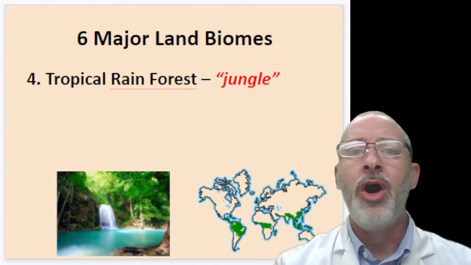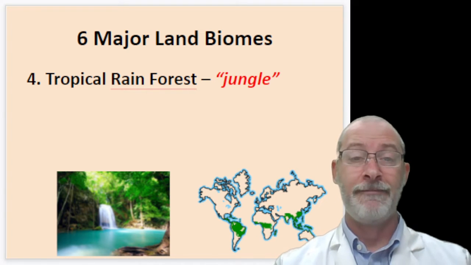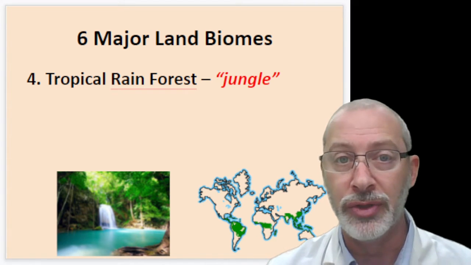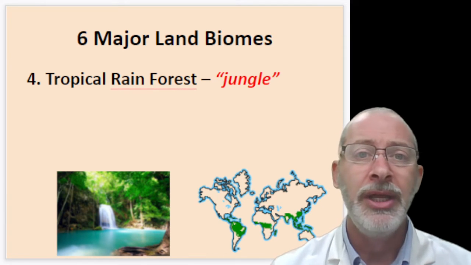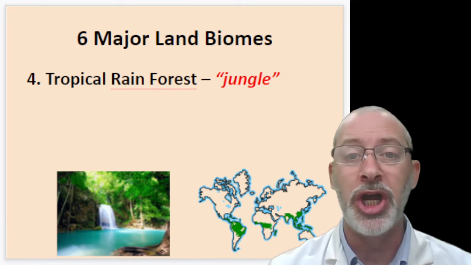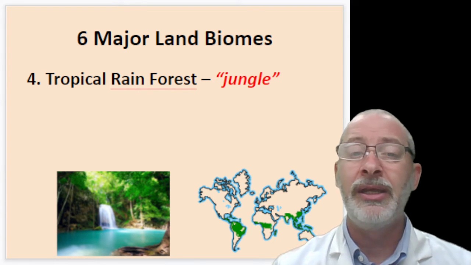All right, that brings us to number 4. Number 4 are the tropical rainforests. They used to be called jungles, but we don't call them jungles anymore. But if you read old literature, you might come across the word jungle. A jungle is a tropical rainforest.